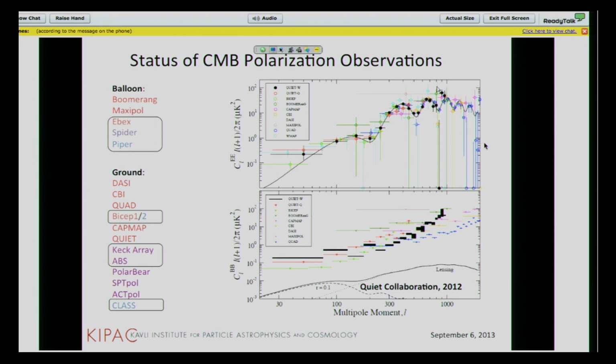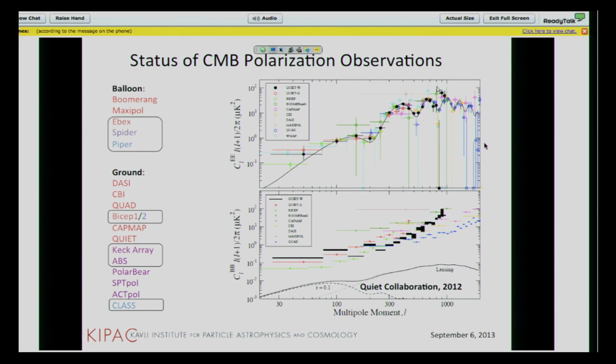I've outlined those that are sensitive to those large scale modes on the left. So EBEX, SPIDER, and PIPER are all suborbital experiments that are going after these large scales. EBEX extends, of course, the measurement down to smaller scales, roughly the same scales that Planck is sensitive to.